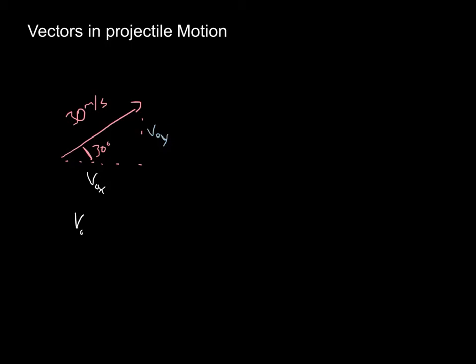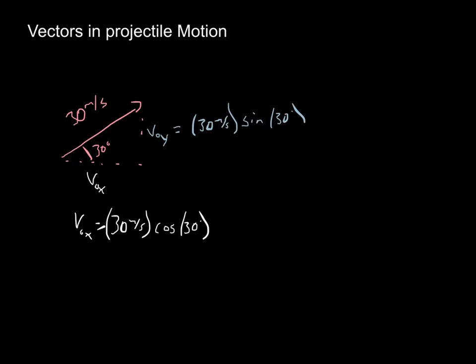V naught in the x is going to be my hypotenuse, 30 meters per second, times the cosine of my angle, cosine 30 degrees. V naught in the y would be our hypotenuse, 30 meters per second, and since it's opposite of our angle, that's going to be sine of 30 degrees. Calculating those, you'd get your v naughts in the two different directions, and then you could go on to use your equations to solve for whatever you might need.